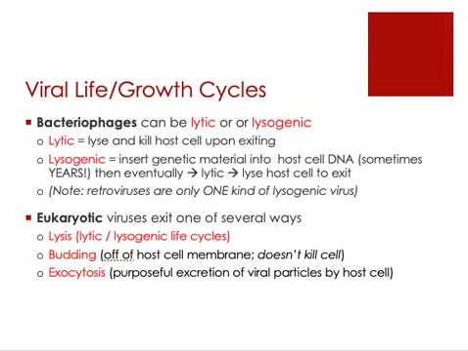Some of them can use a cellular process called exocytosis to get out of the host cell. Both budding and exocytosis don't kill the host cell. The viral particles get out to go on and infect other cells, but they don't kill the host.